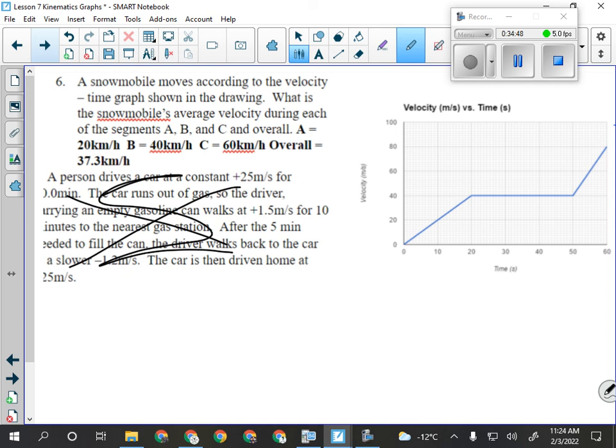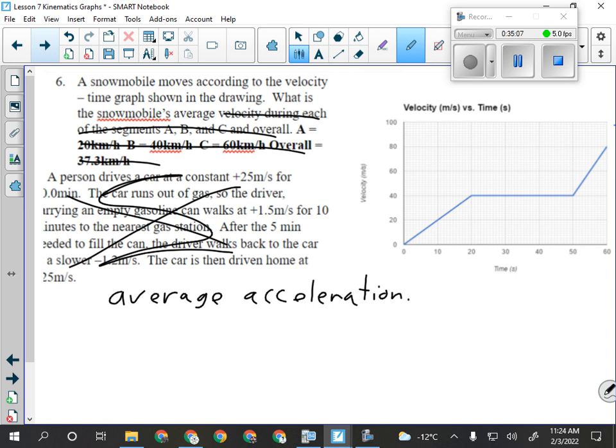I want you to calculate the snowmobile's average acceleration over the whole trip, and total displacement.